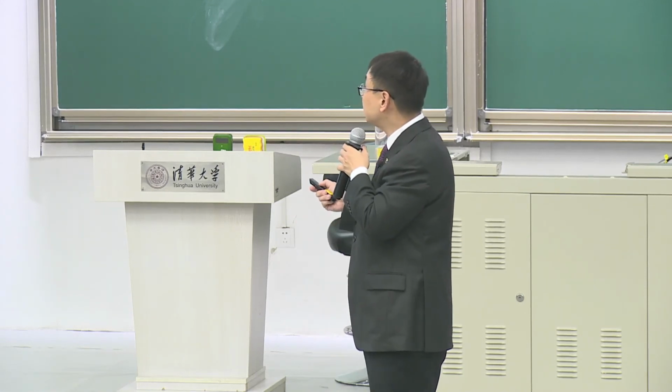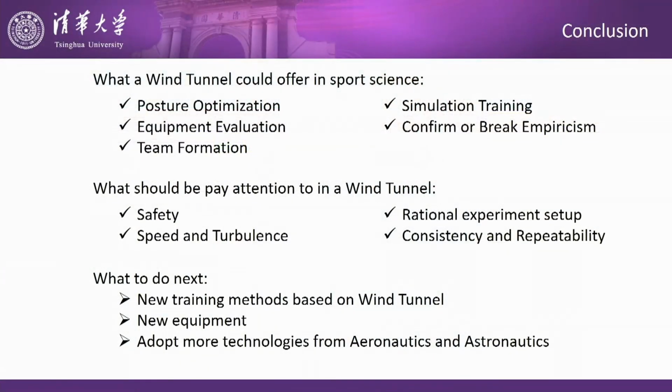Okay, the consistency and repeatability. Because we do racing suit optimization, every time we have to disassemble the model, put on clothes, and put it onto the workstage again. So consistency is a big problem. Repeatability is also a big problem. Different wind tunnels cannot compare their coefficients of drag with each other.